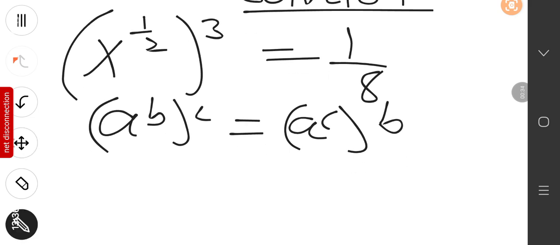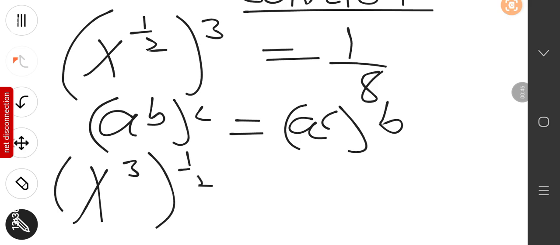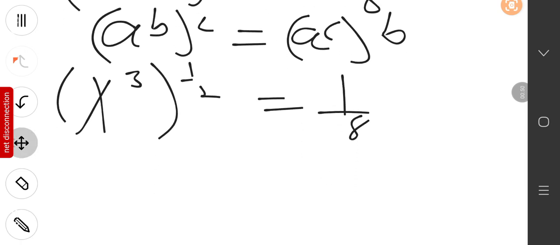So our equation is going to be x exponent 3 multiplying half, equals 1 over 8. Now we have x cubed. We want to eliminate the half in order to have a cubic equation.